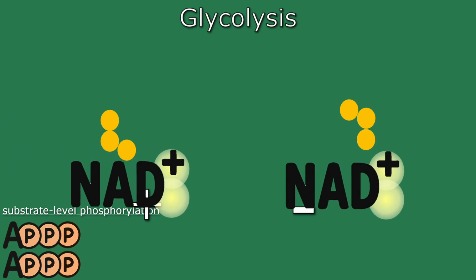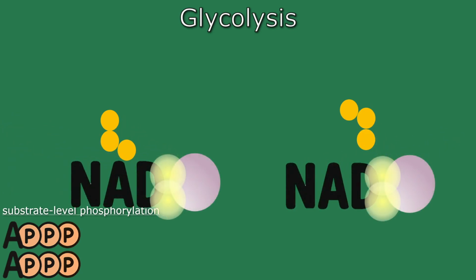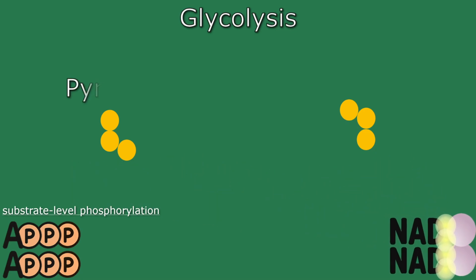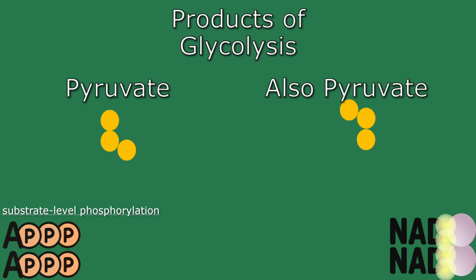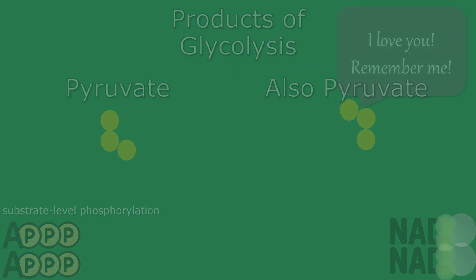Each 3-carbon fragment also reduces an NAD+ to NADH, so glycolysis nets 2 NADH as well, and ends with 2 3-carbon pyruvates. So the total products of glycolysis are 2 net ATP, 2 NADH, and 2 molecules of pyruvate. We'll track just one of the pyruvates, but remember everything happens twice from here on.